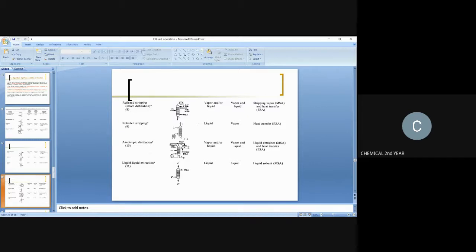Azeotropic distillation: vapor and liquid is the feed, and vapor and liquid is the created or added phase, and liquid entrainer is the separating agent. Next, liquid extraction. Here, liquid is the feed, and the created or added phase is liquid, and the mass separating agent is liquid solvent.